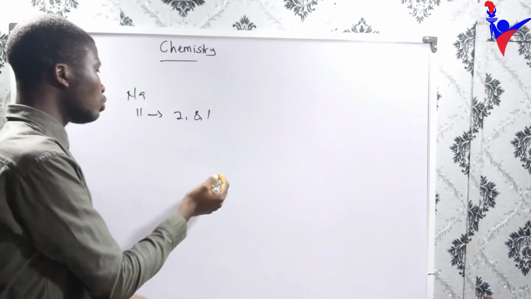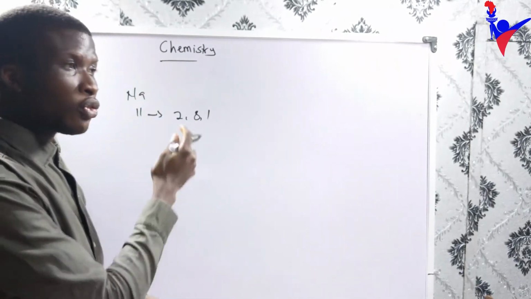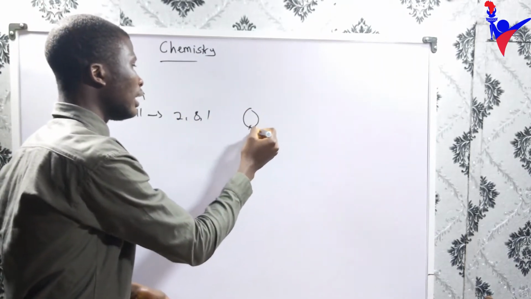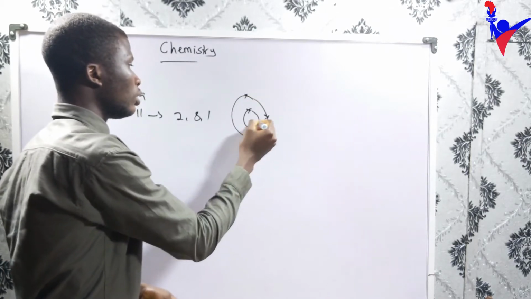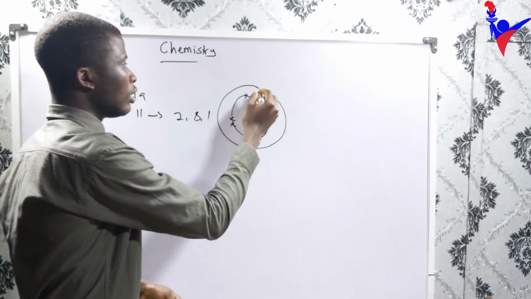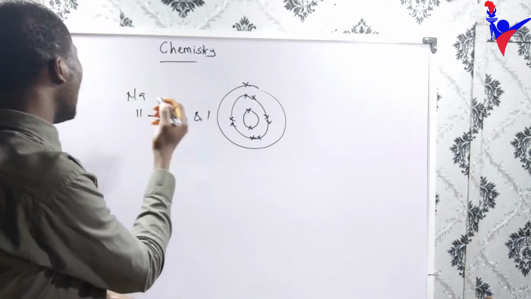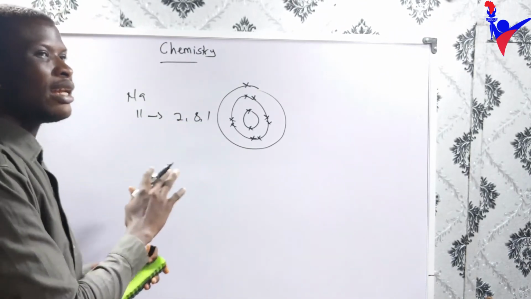Let's draw the electron dot representation of sodium. You have something like this, 2, 3, 4, 5, 6, 7, 8. Now there's a shell more. This is 1 here. This is 11. So I'm saying that ionic compounds are compounds that are formed when a highly electropositive atom combines with a highly electronegative atom.